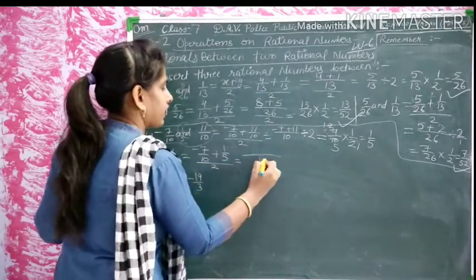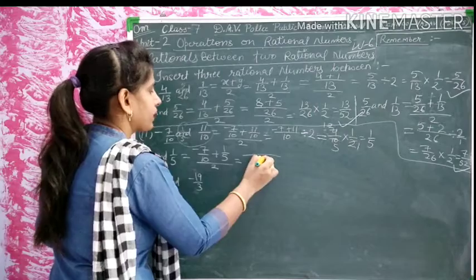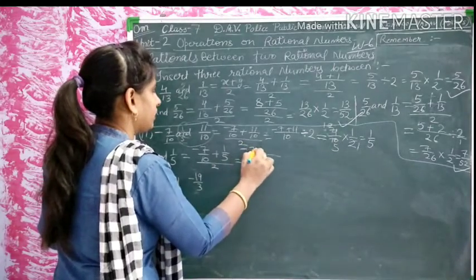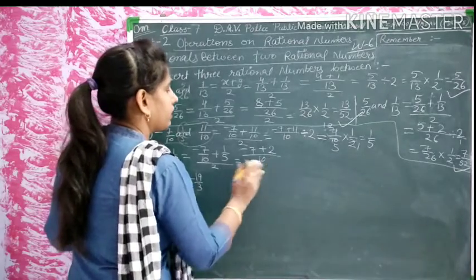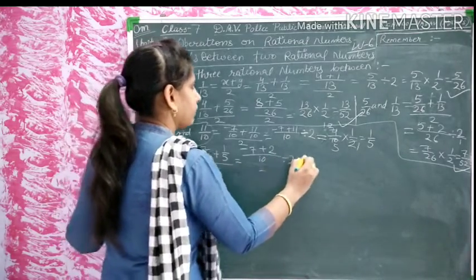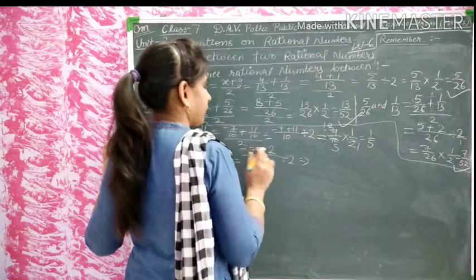Here the LCM is 10, and we will get minus 7 and plus 2. 5 2s are 10, 2 1s are 2, and it will be divided by 2. Now we will get minus, different sign difference.